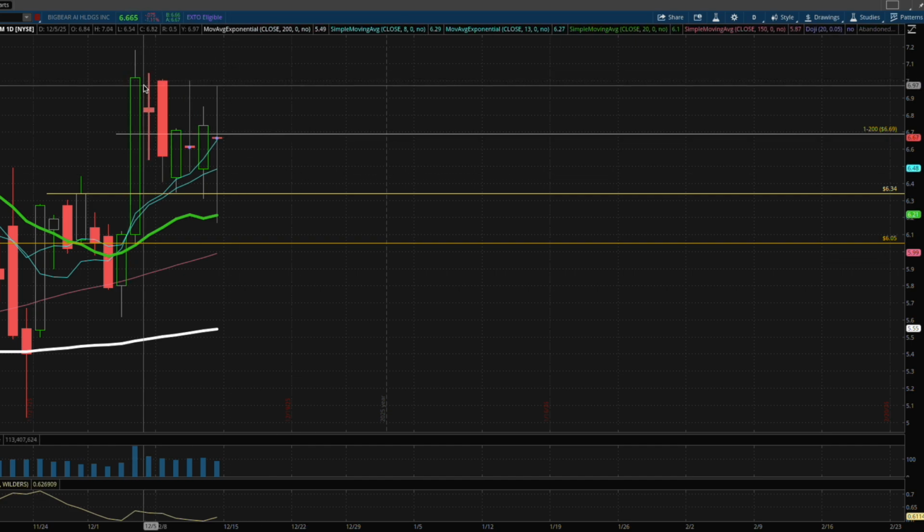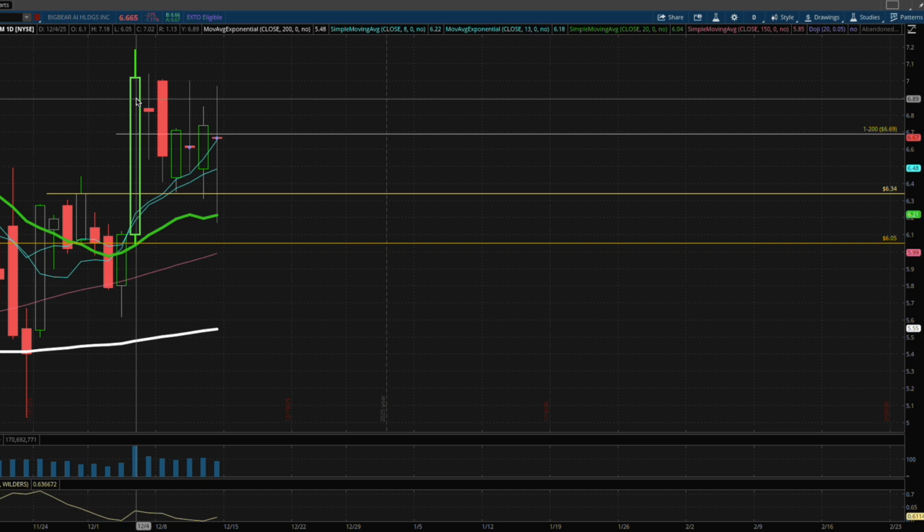Okay, so now if we highlight this bar, we can see that it opened at $6.10. It had a high of $7.18, had a low of $6.05, and had a close of $7.02. Okay, so that's why this bar is green.